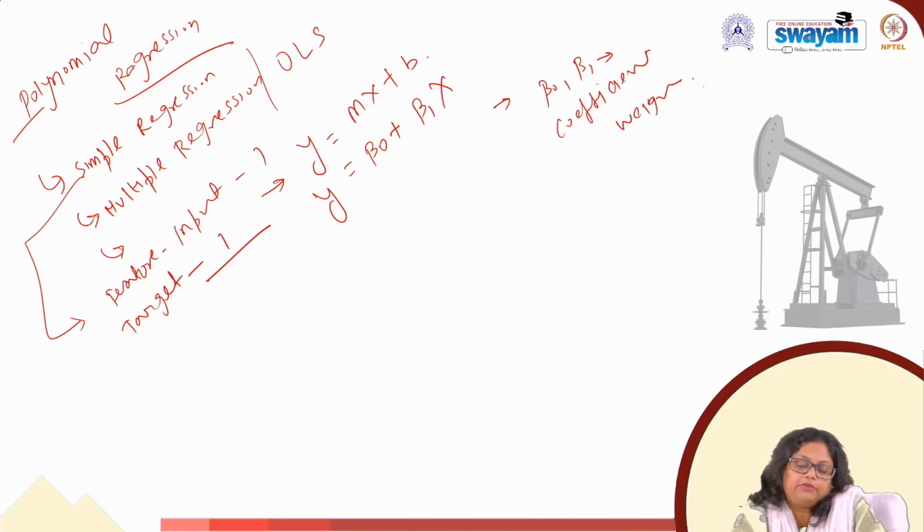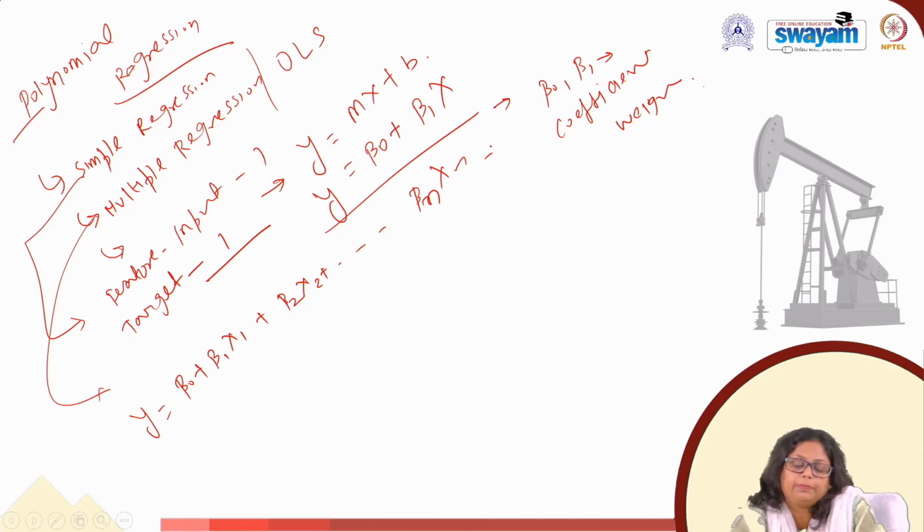Now the second one, multiple regression: we just elaborated this for multiple features. So we have y is equal to beta 0 plus beta 1 x1 plus beta 2 x2 like that, up to beta n xn. So this also we talk about. Okay, so in linear regression, what is the assumption? We are assuming that the data has a linear relationship.